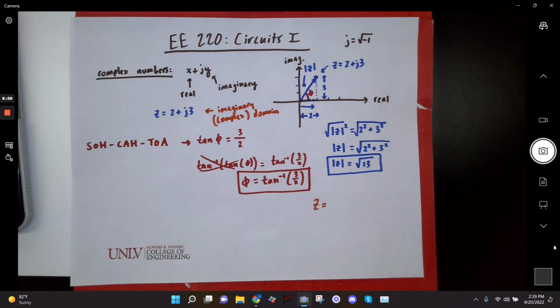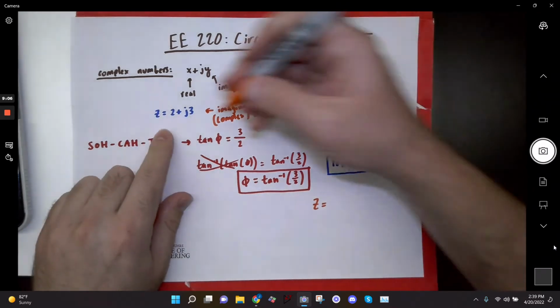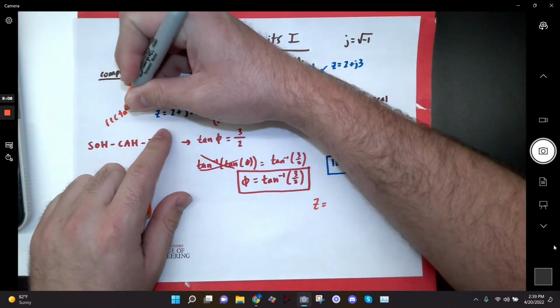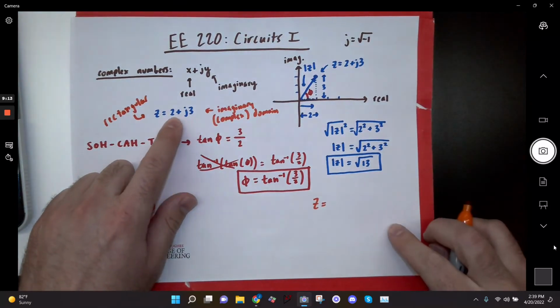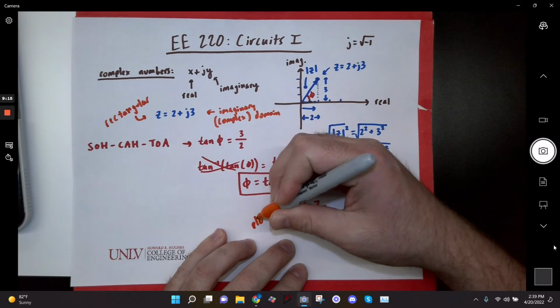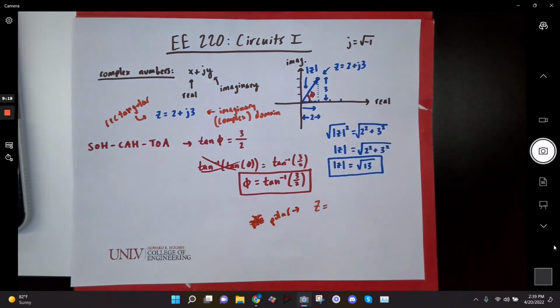This is the same stuff. It's just the magnitude is your radius and the angle is your phase. It's the same thing. So you're going to call this typically rectangular. The reason you need to know this is because your calculator will call it this. So this form is called rectangular form, and this form is called, well, not polar. Polar, okay?